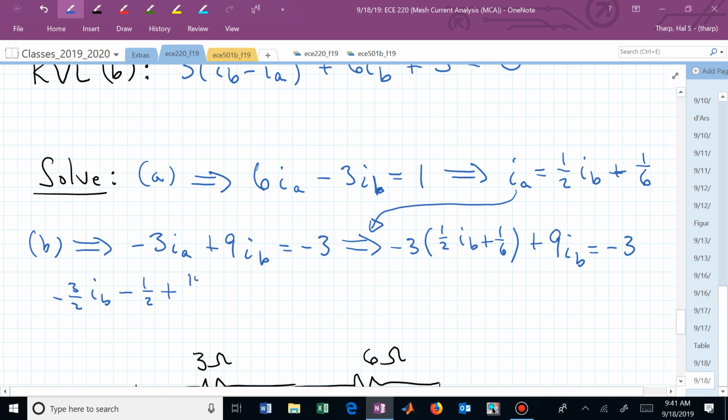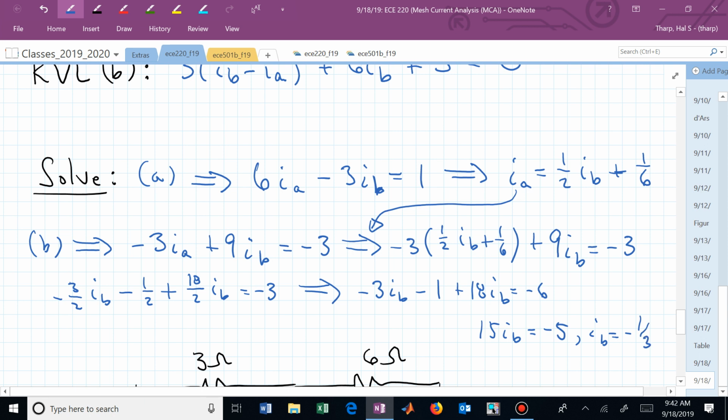So this is now plus 18 over 2 I sub B is equal to, I'm going to just go ahead and keep the 3. But I can now multiply everything by 2, so I have minus 3 I sub B minus 1 plus 18 I sub B is equal to minus 6. Or 15 I sub B is equal to minus 5. Or I sub B is minus 1/3 amp.